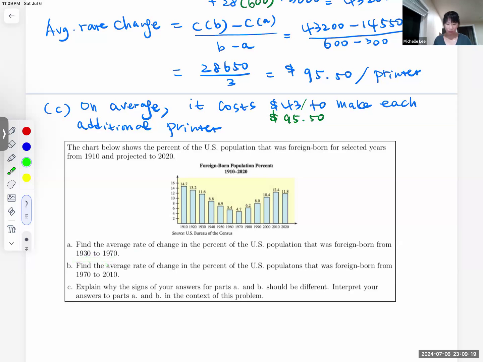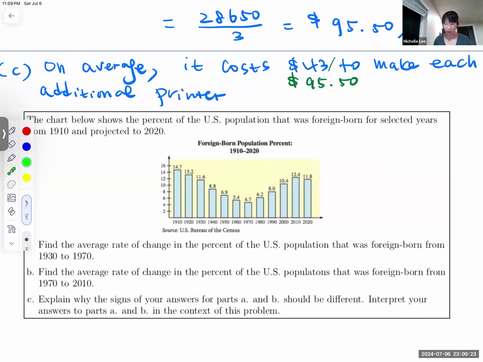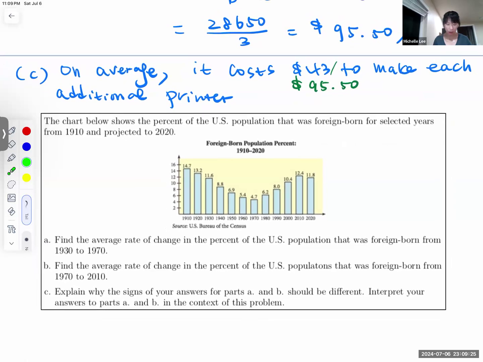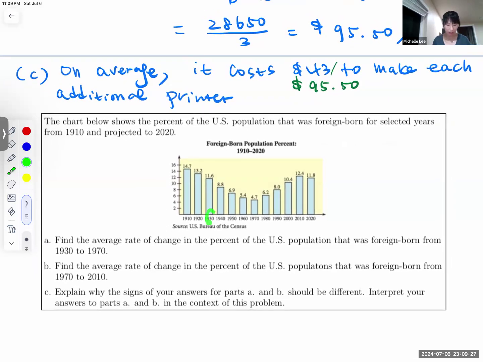Okay. So let me make it bigger. 1930 to 1970. This is X values, right? And this is Y values. Yeah. Okay, so there will be A and B.